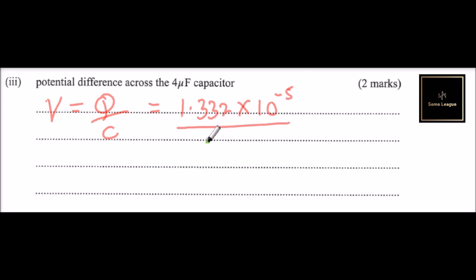You divide by the capacitance, which is 4 multiplied by 10 to power minus 6. That is to convert these 4 microfarads to farads, so that we can work with the coulombs, and this will give you 3.33 volts. So that is the potential difference, and we are using the total charge which we have calculated in the previous part, Roman number 2. So that is how you get that.